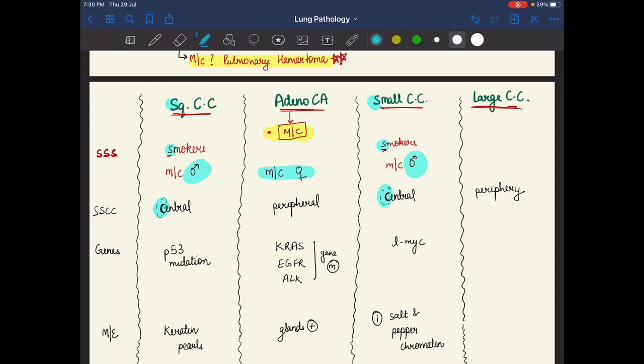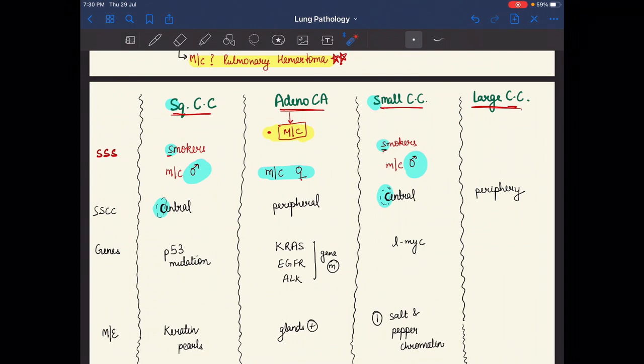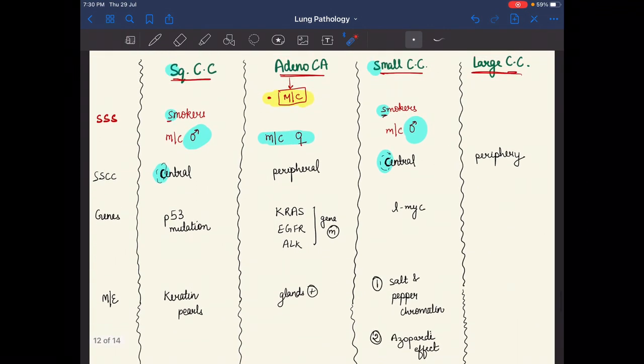So S for small, S for smoker, and we can also remember it as S for central. Squamous cell carcinoma and small cell carcinoma involve the central part, while large cell carcinoma and adenocarcinoma involve the periphery.